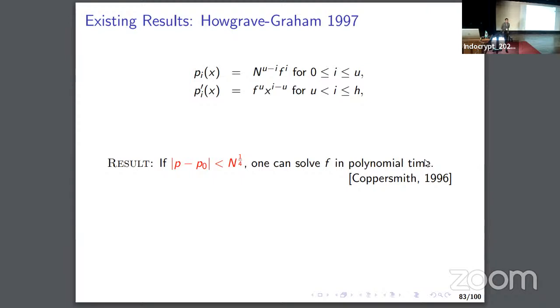So that means if you are using 512-bit primes, and if somebody gets, say, 256 most significant bits of that prime, then the remaining 256 one can find in polynomial time using lattice reduction.